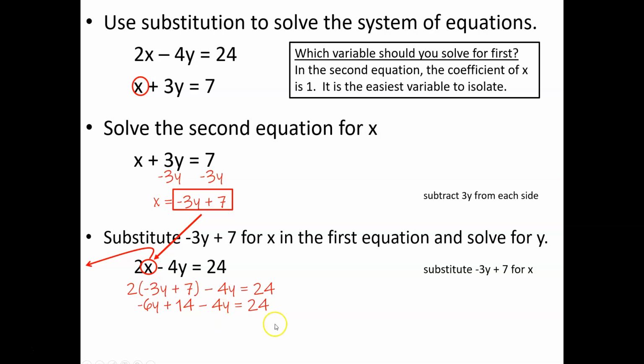Now combine our like terms. Then we want to get rid of this 14, so we subtract 14, and we end up with -10y equals 10. Then we divide the -10 off, and we get y equals -1 again.